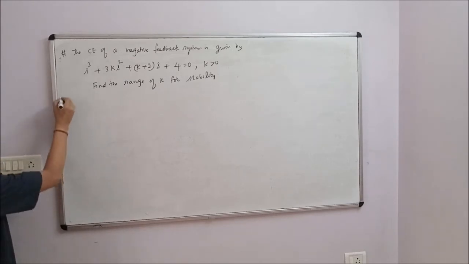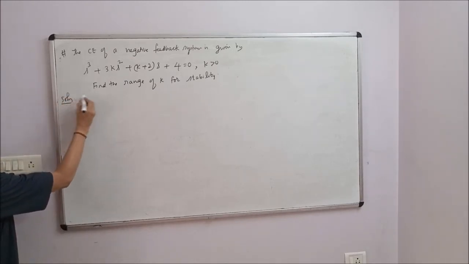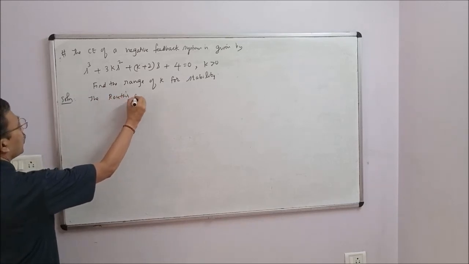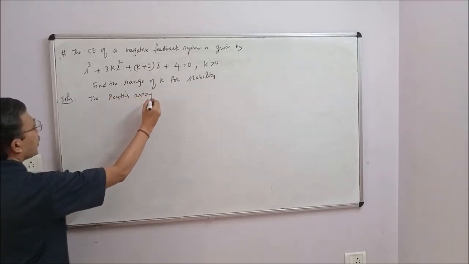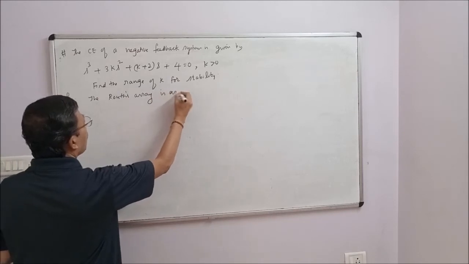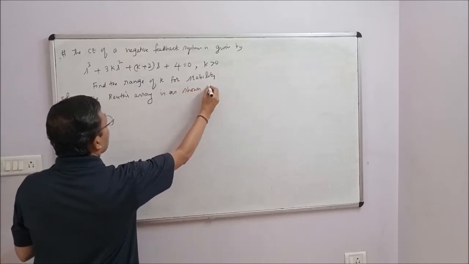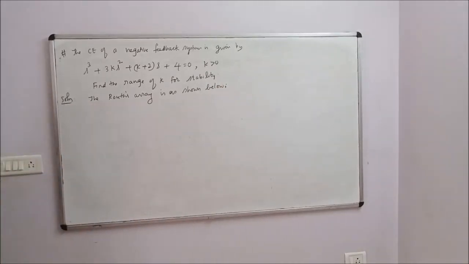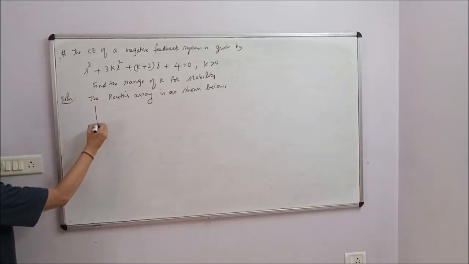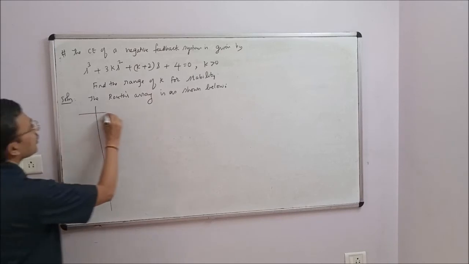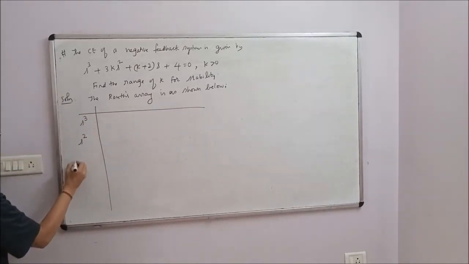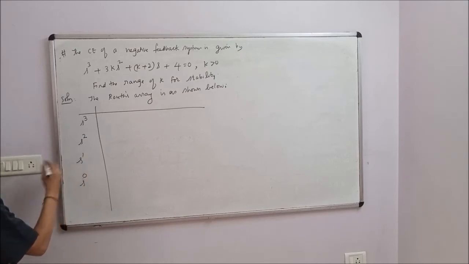Solution. The Routh array is as shown below. This is s cube, s square, s to the power 1, s to the power 0.